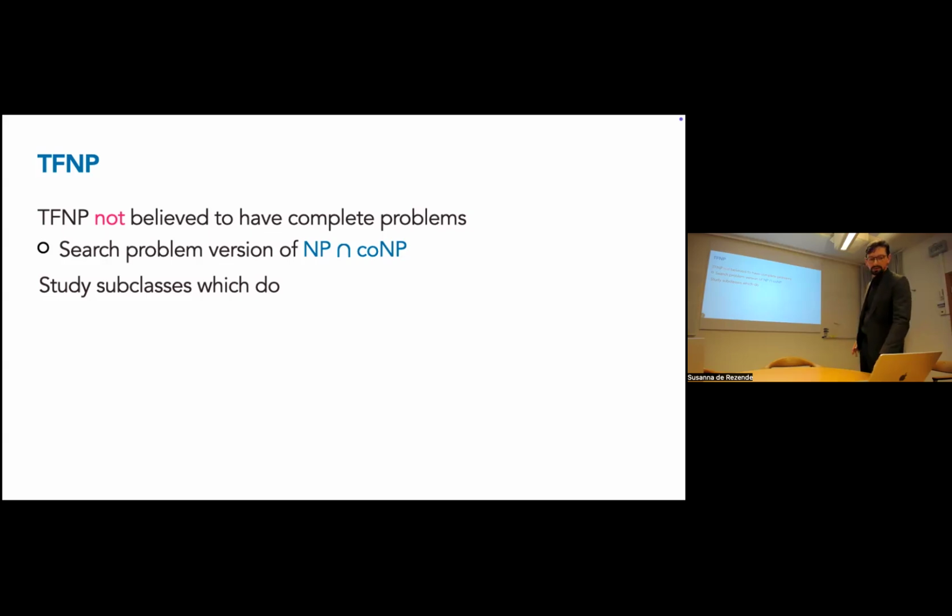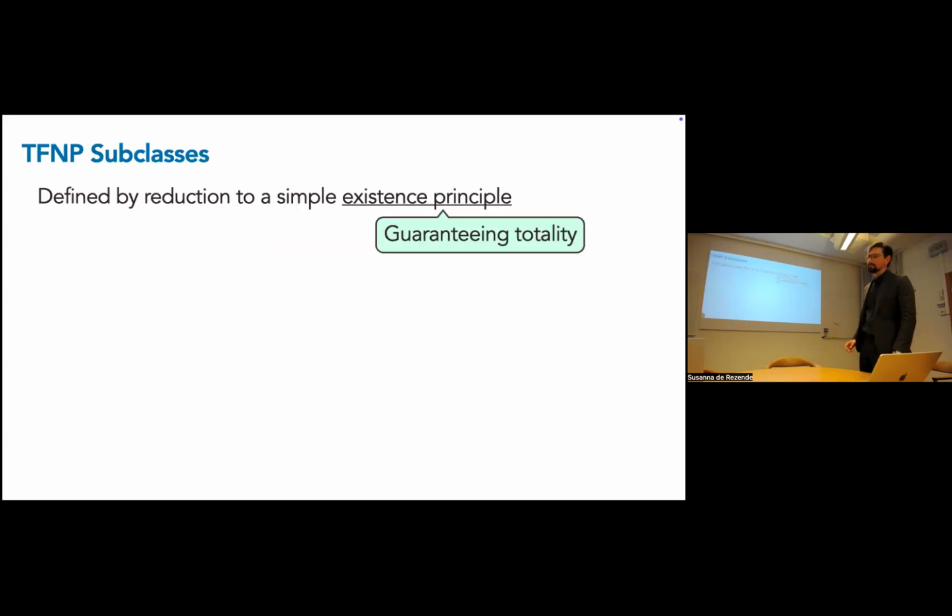This is kind of the goal of TFNP. So these subclasses are typically defined by reduction to some complete problem. These complete problems are usually like existence principles, such as, if you have a map of too many things to too few things, there's a collision. This existence problem guarantees totality.